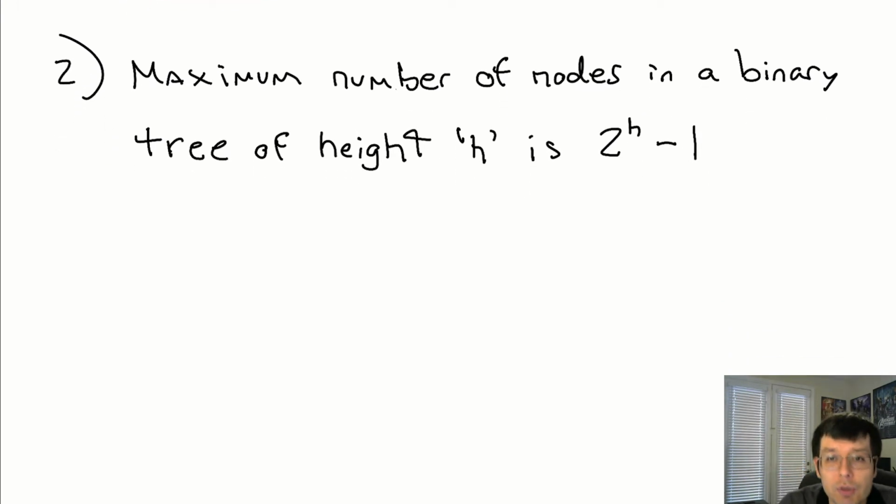Okay, property number 2. The maximum number of nodes in a binary tree of height h is 2 to the h minus 1. So here we have this term height, okay? The term height, when it comes to a tree, is basically the generation.